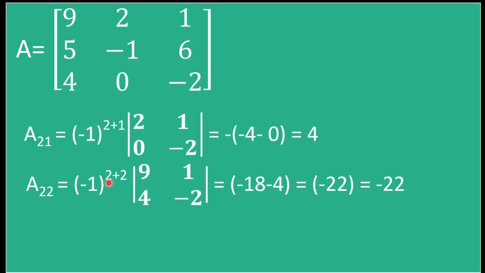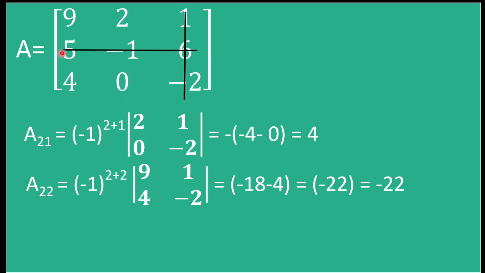Now this minus will become positive, so no need to shift here, because it has power 4, and even power converts minus into plus. So minus 18 minus 4 equal to minus 22, so its value is minus 22.